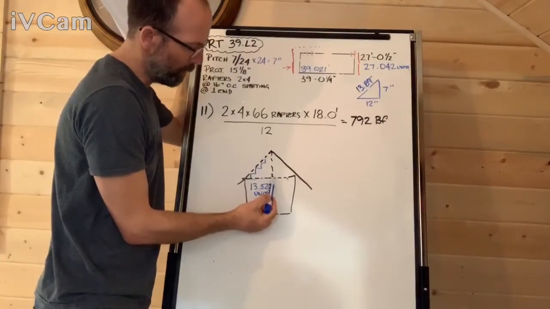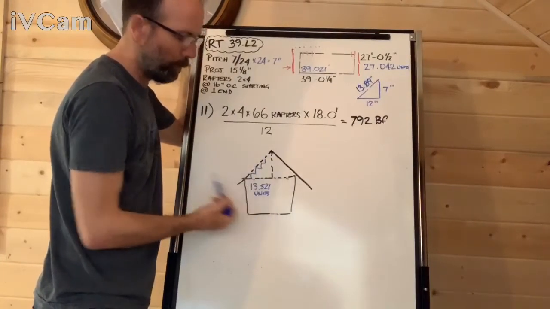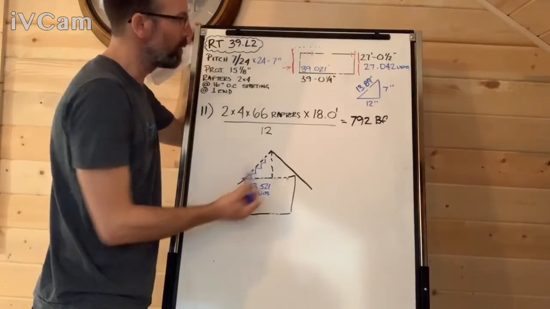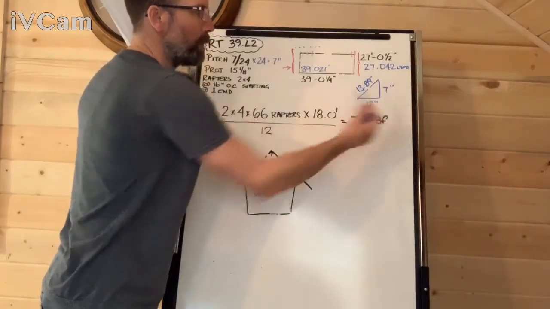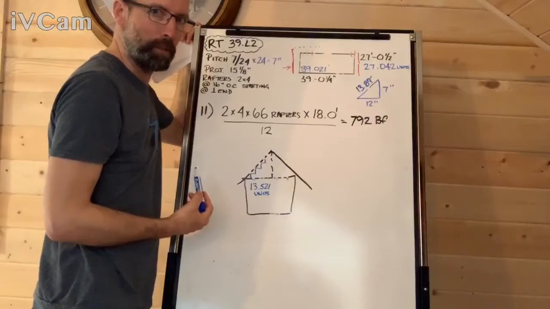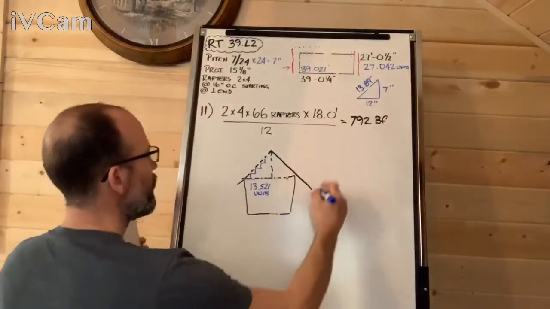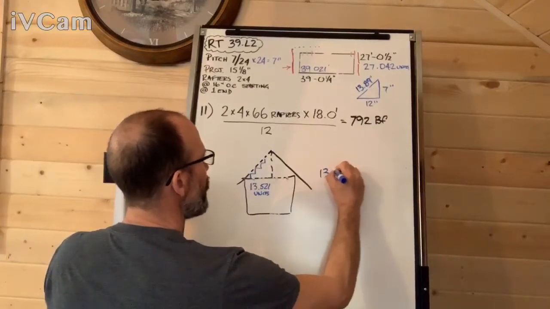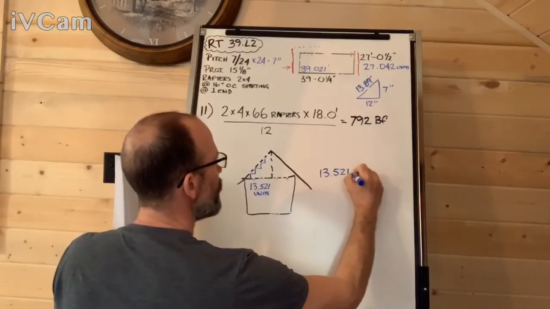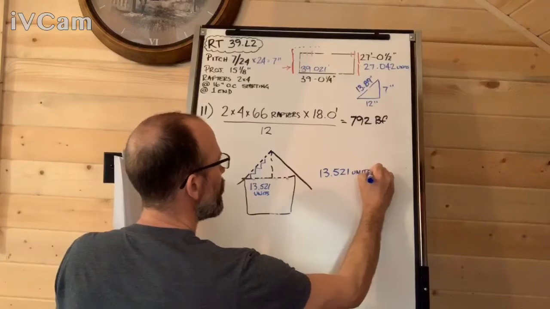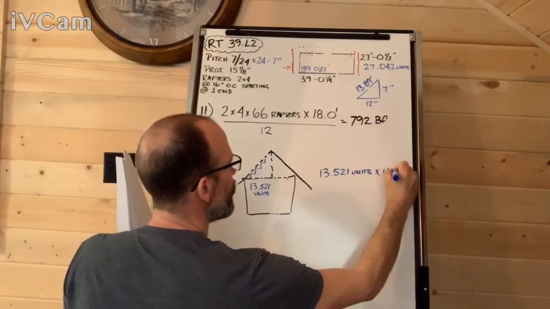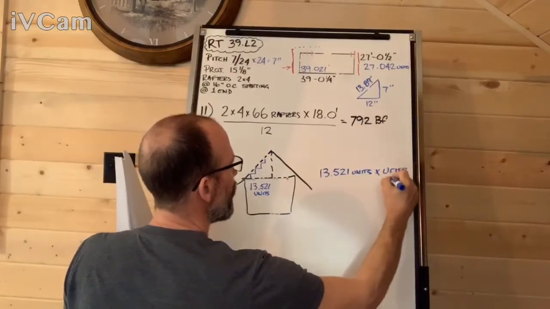So I know that it is going to go up 13.521 units of rise, which is the equivalent of 7 inches. This is a 7 in 12 roof. So I'm going to take 13.521 units times my unit rise of 7 inches.